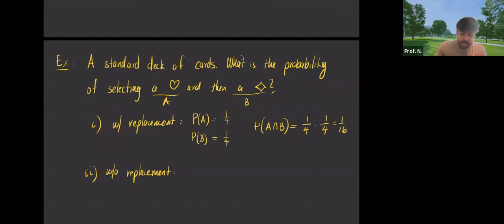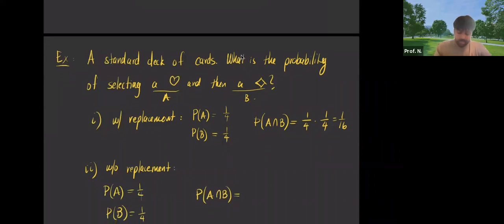However, if there's no replacement, and I consider the probability of A happening, that's a fourth, right? The probability of B happening individually, that's also a fourth, right? If I just consider them individually. But what's the probability of A intersect B happening? Well, what's the probability of me getting a heart?